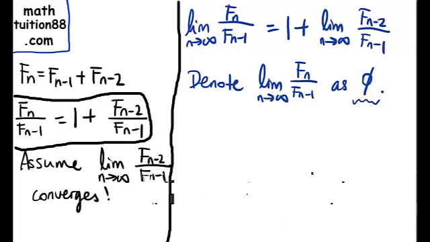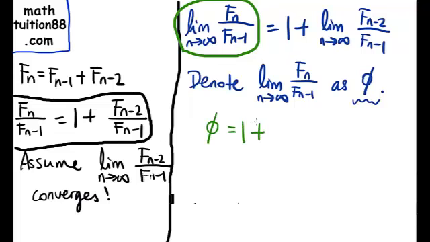Now let me use green. This expression that I circle in green is phi, because phi is the limit of each term divided by the previous term.